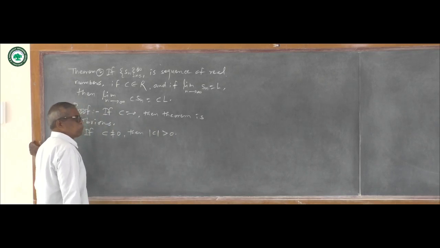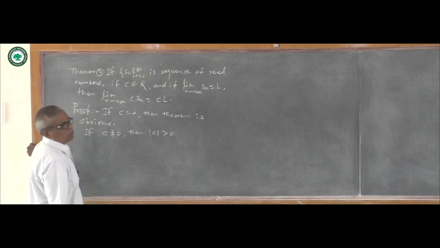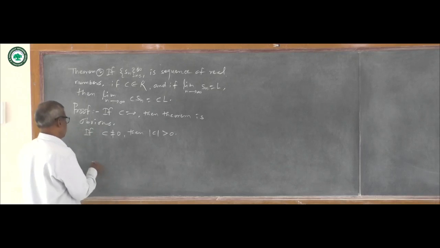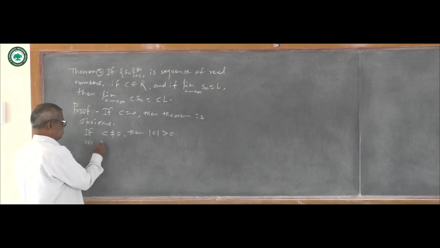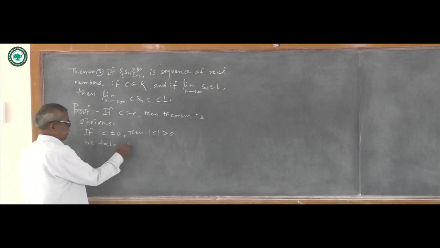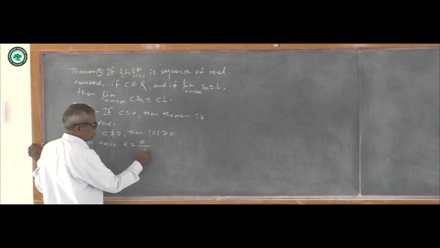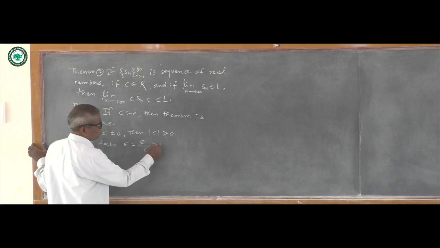We take epsilon equal to epsilon upon mod C, which is a positive number. Epsilon positive, mod C positive, so epsilon upon mod C is positive.